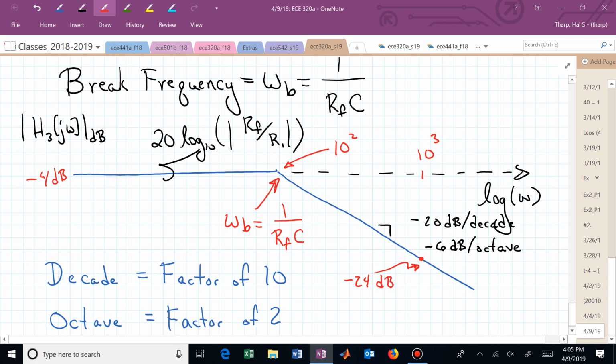Let's say now somebody says, oh, let's go to 2,000 and see where we're at in terms of our magnitude. Where is 2,000? If this is 1,000, this is now 10,000. Where is 2,000? What's log of 2? It's 0.3. So you're 30% of the distance between 1,000 and 10,000 to get to 2,000.